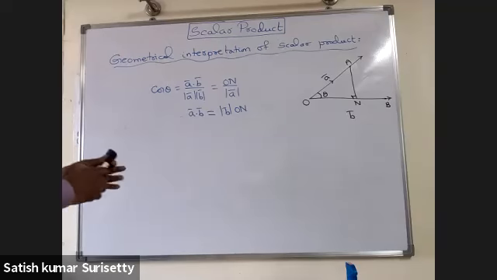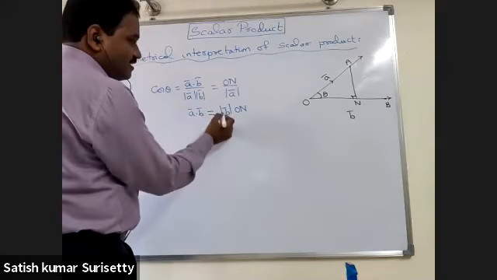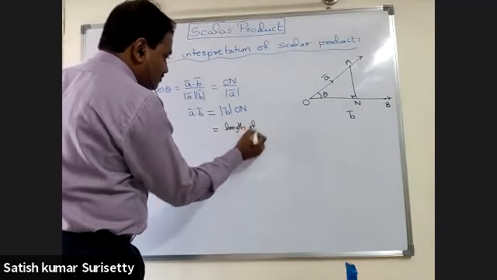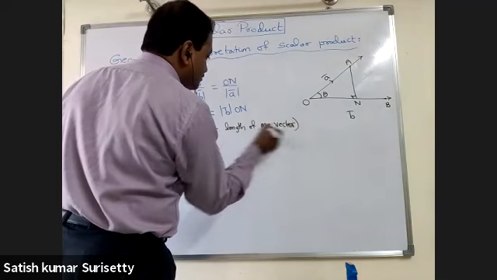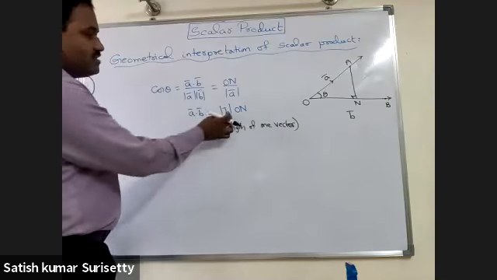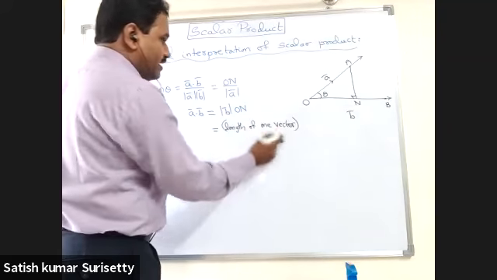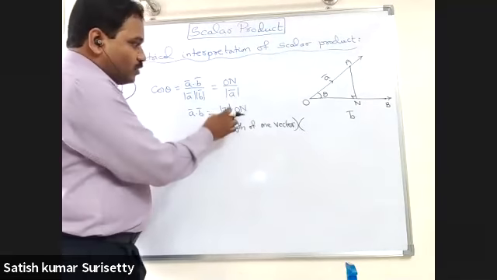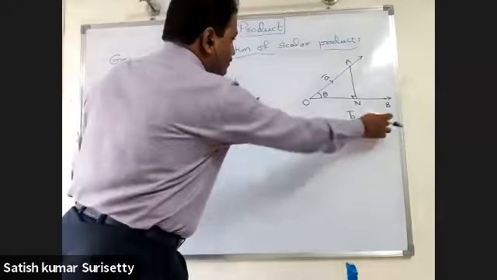Now, the dot product or scalar product of two vectors is the length of one vector into, because modulus of B bar is the length of a vector, the length of one vector into... Now if I observe, ON is the projection of the second vector in the direction of the first vector.